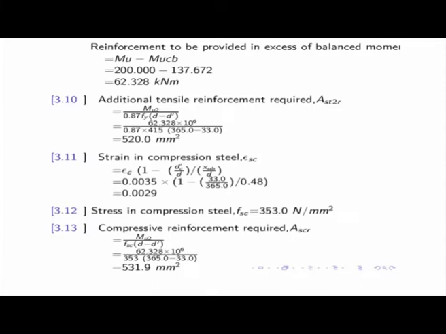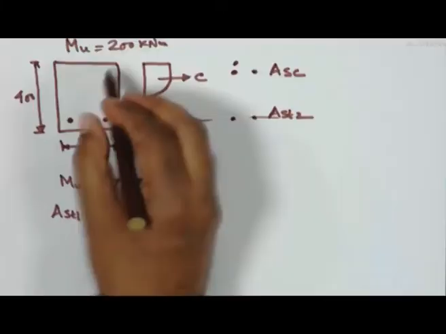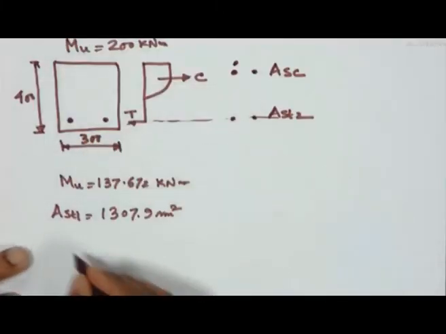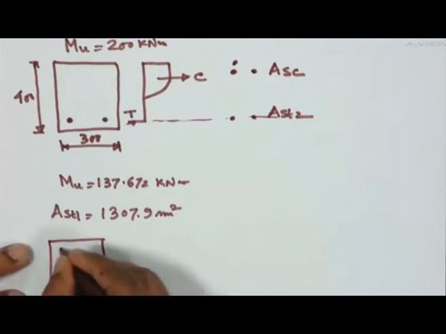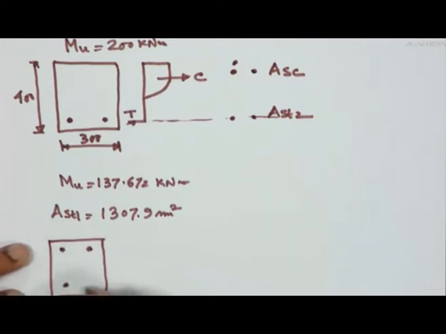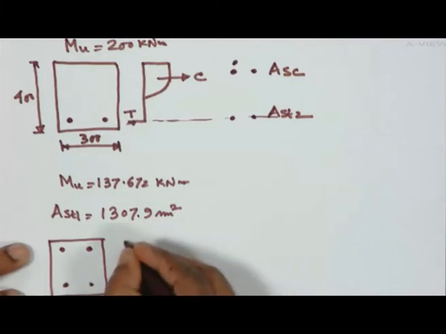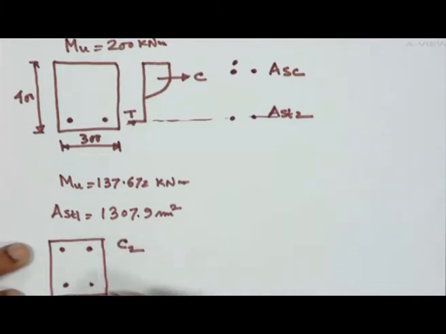So what we are doing basically here, whatever steel I am providing here, let us say C2, let us say this is T2.